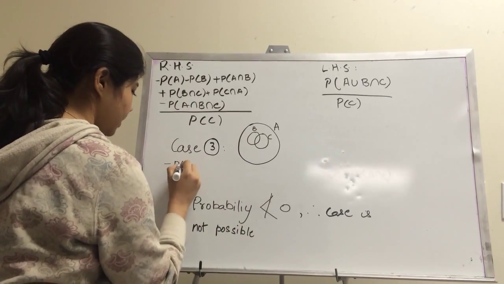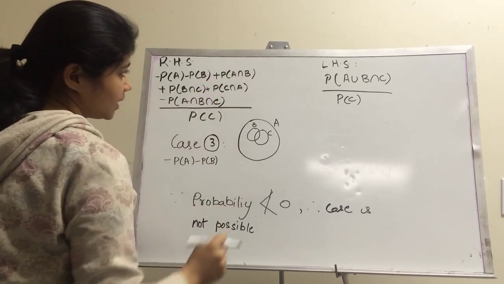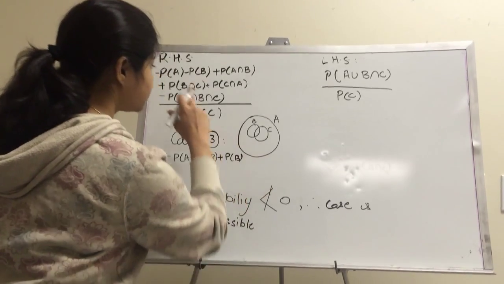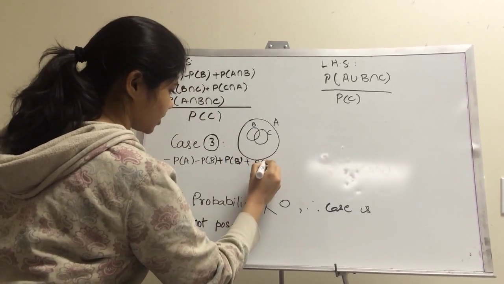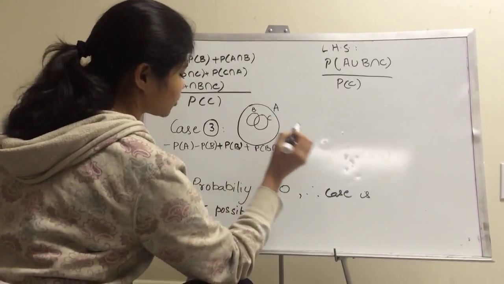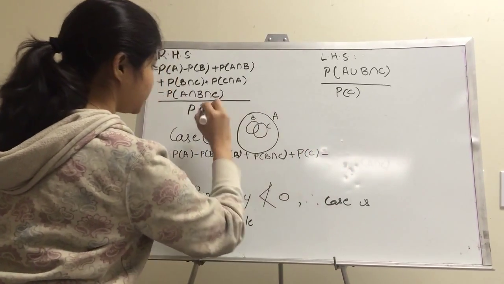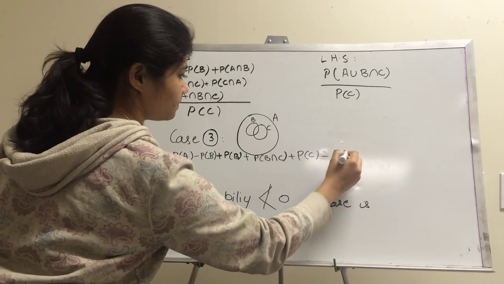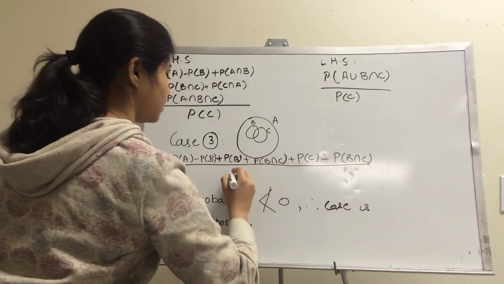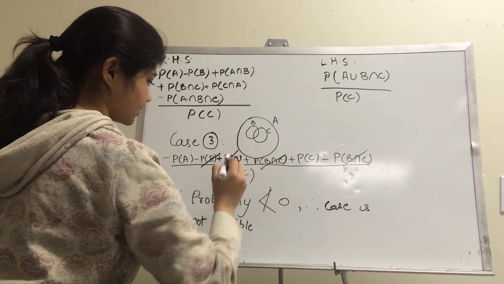I got minus P of A minus P of B plus P of A intersection B, which again gave me plus P of B. Similarly, plus P of B intersection C plus P of C intersection A is again equal to P of C, and minus of P of A intersection B intersection C is equal to minus of probability of B intersection C, whole upon probability of C. Now I can cancel these two terms, and similarly I can cancel these two terms.